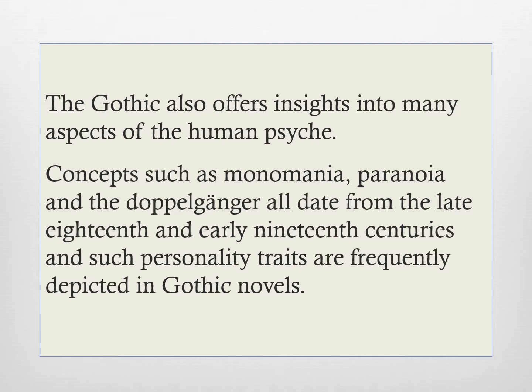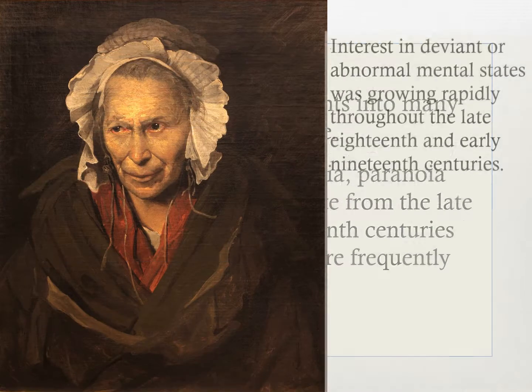All right? These kinds of ideas run through the Gothic novel and have become favourite themes for psychological fiction and for the idea that fiction tells us something about the way the human mind works and the darker side of the human mind. So these all come from the late 18th, early 19th centuries, and we get them expressed in characters in Gothic novels.